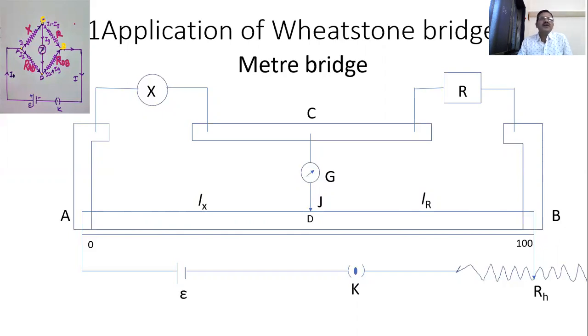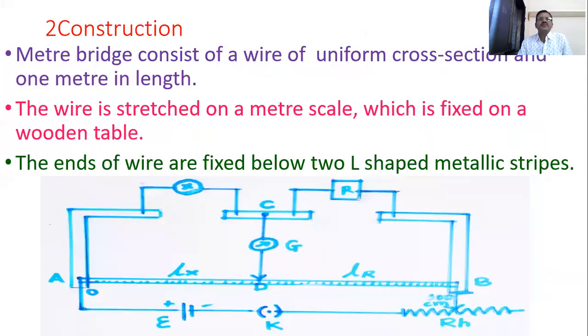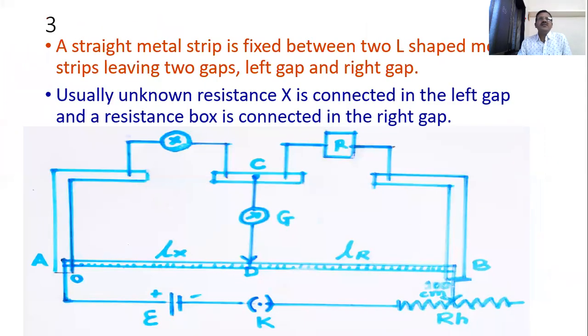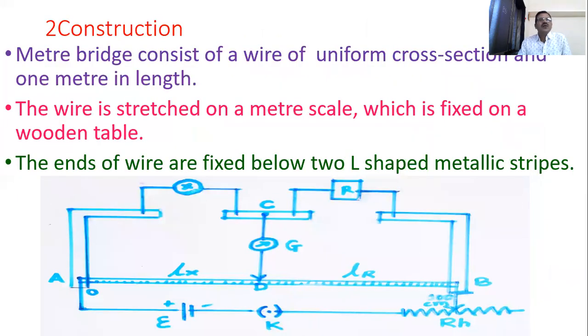So let's see the application of this Wheatstone's bridge, that is, the meter bridge. Let's see the construction. Meter bridge consists of a wire of uniform cross section and 1 meter in length.